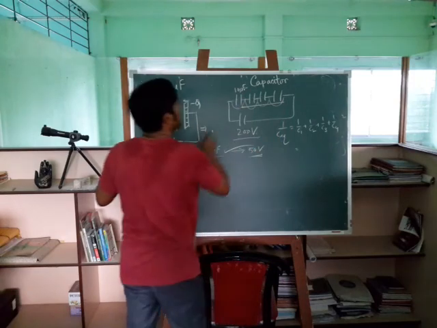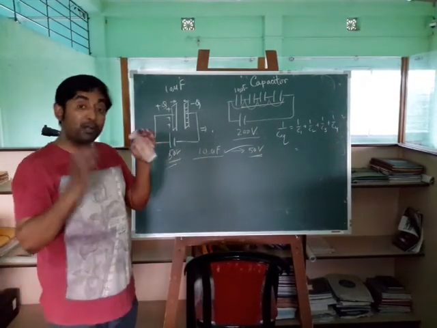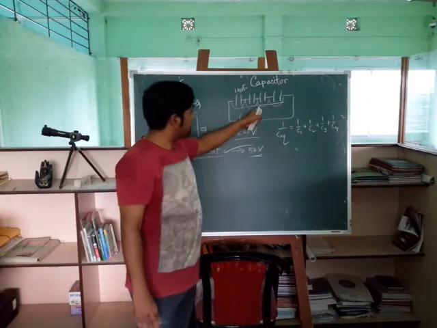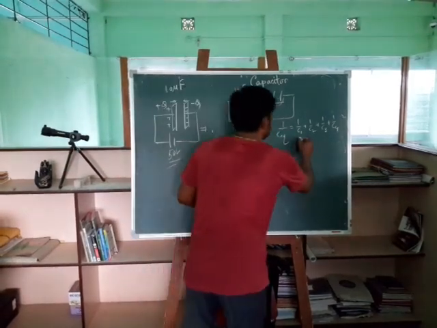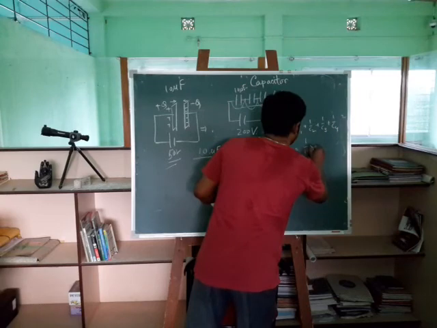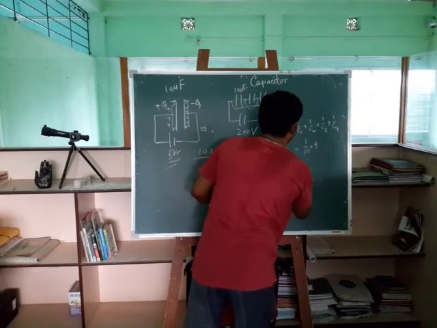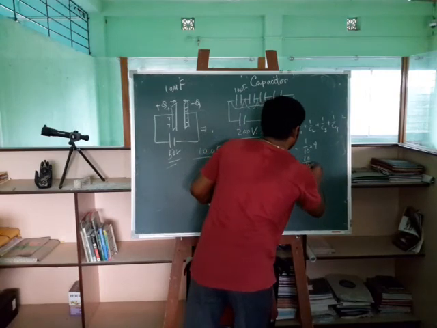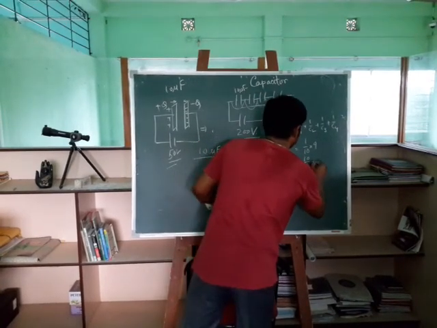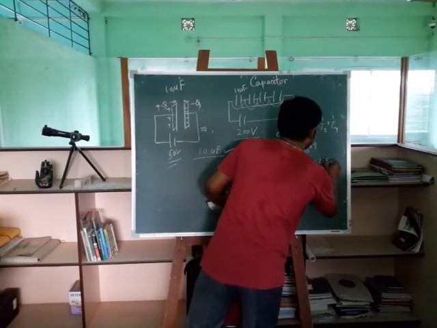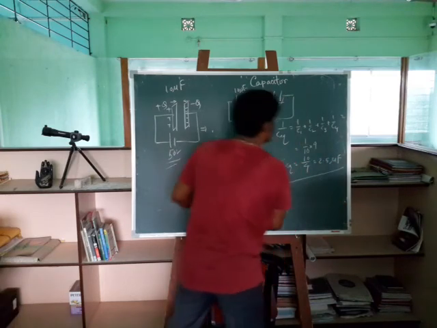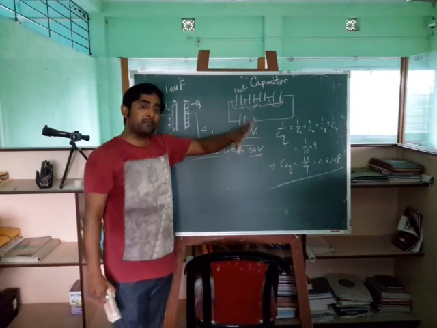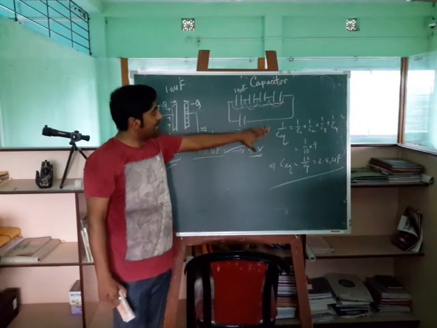So the equivalent capacitance is not 10 microfarad, but we want to create a capacitor of 10 microfarad. That is 1 by 10 times 4, because all of them are equal, so C equivalent would be 10 upon 4, which is 2.5 microfarad. So this has equivalent capacitance 2.5 microfarad, and it can withstand 200 volt.